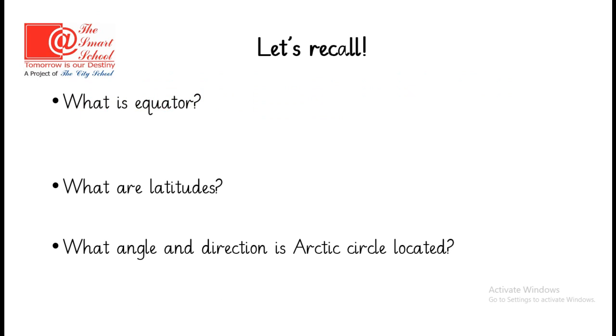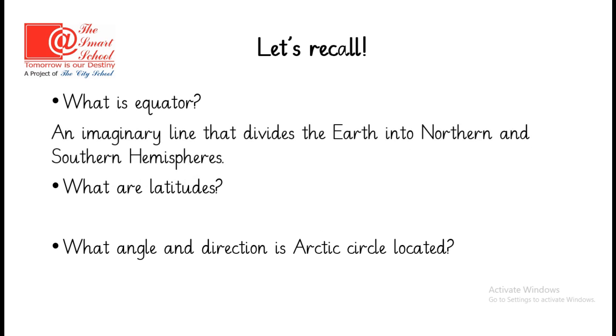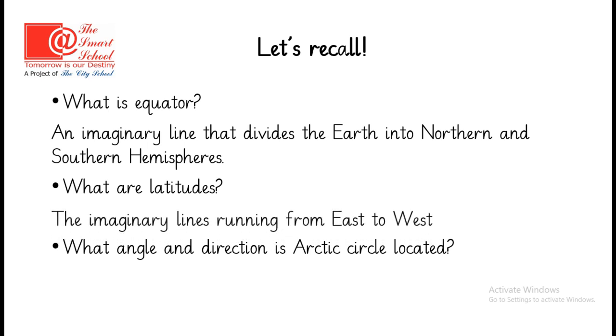Before we start the lesson, let's recall a few basic facts we discussed in our last lesson. What is equator? Yes, equator is an imaginary line that divides the earth into northern and southern hemispheres. What are latitudes? Latitudes are imaginary lines running from east to west.